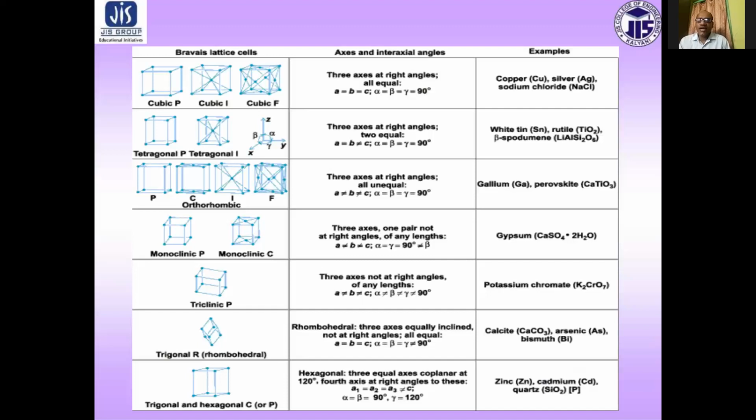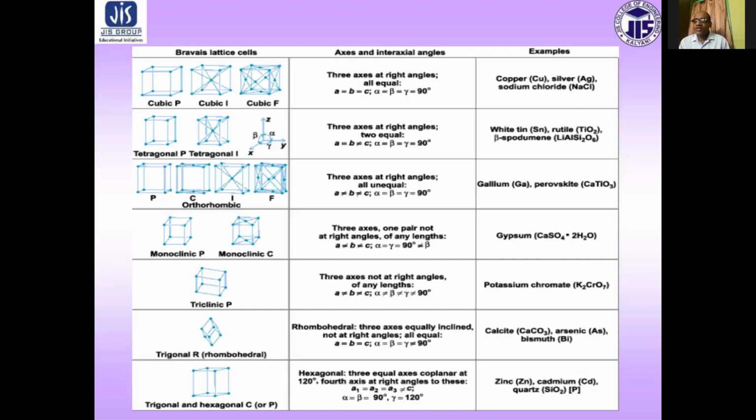In a C type, the upper face and bottom face are shared by 1 atom, and in I type, 1 centered atom is there along with corner atoms, and in F type, all the faces are shared by 1 atom.